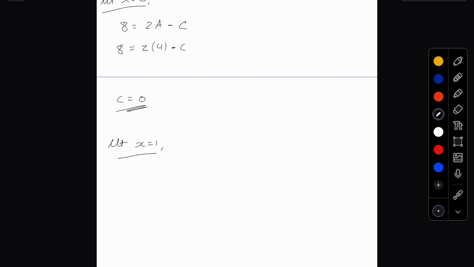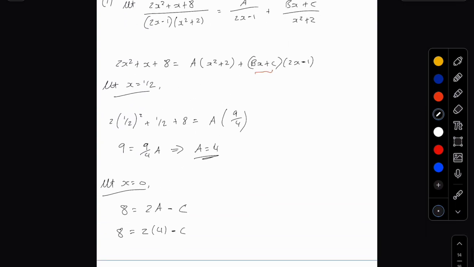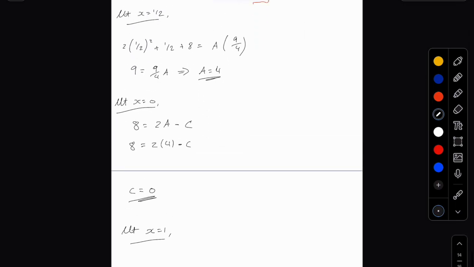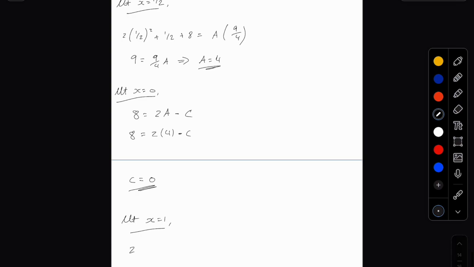If I let x equal 1, what am I going to get? Well, I'm going to get 2 plus 1 plus 8 is going to equal 3a plus b. And obviously 2 minus 1, that's just 1.